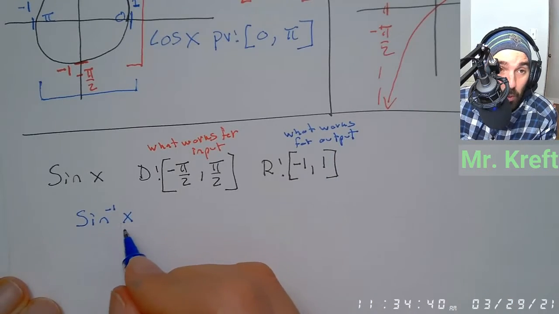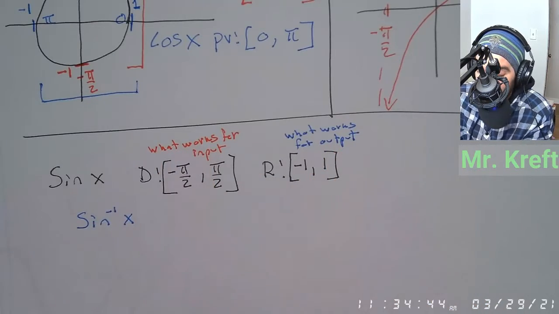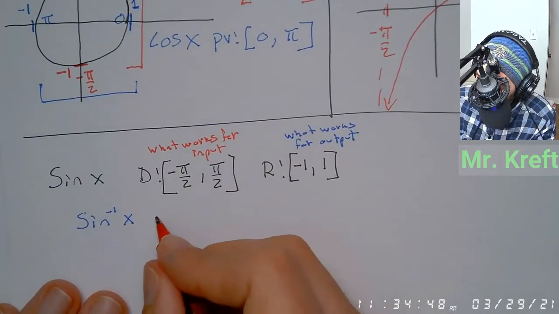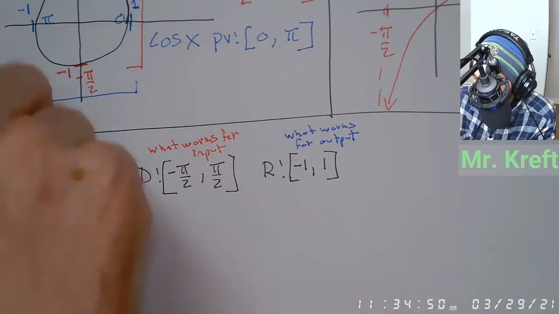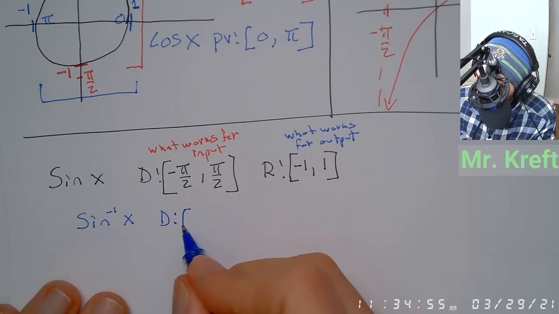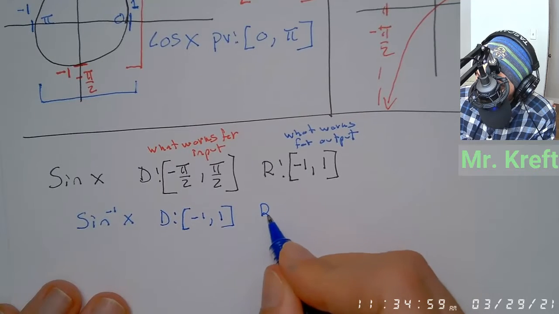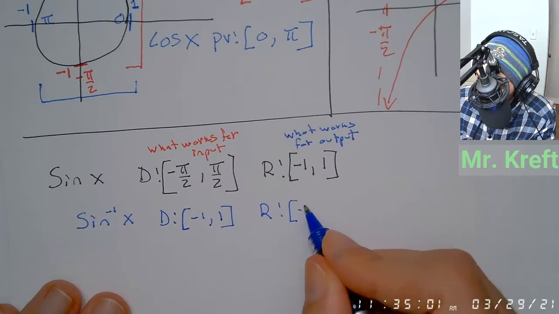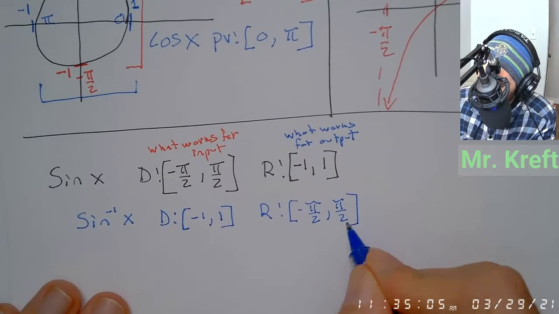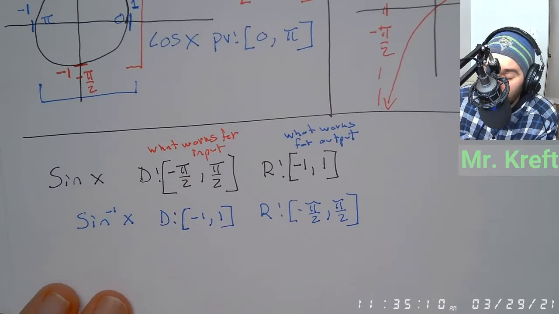So if this is reflected over y equals x, then these are just going to switch. Your domain and your range are going to switch. So here, my new domain is going to be my old range, and my new range is going to be my old domain. Okay, so they switch.